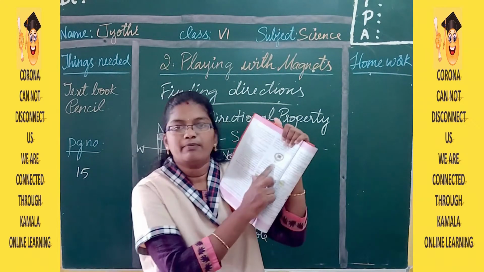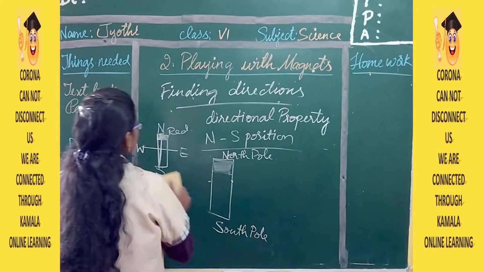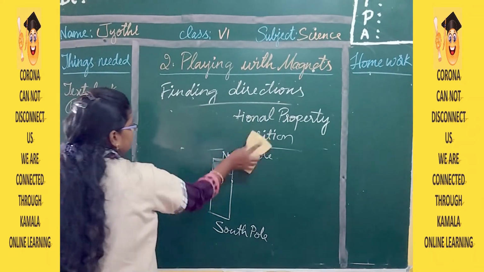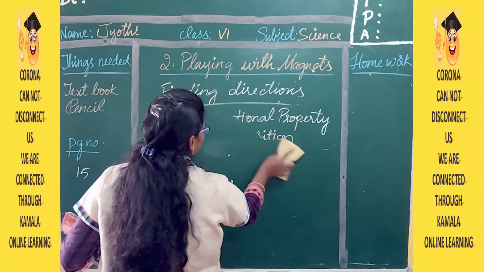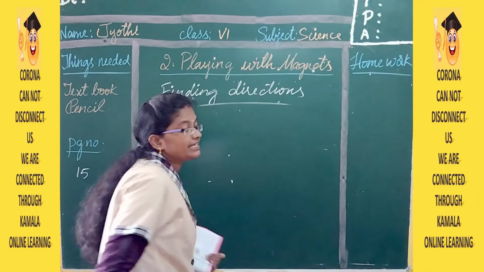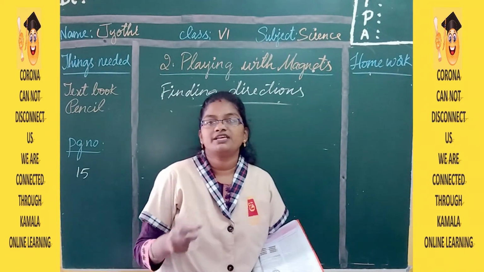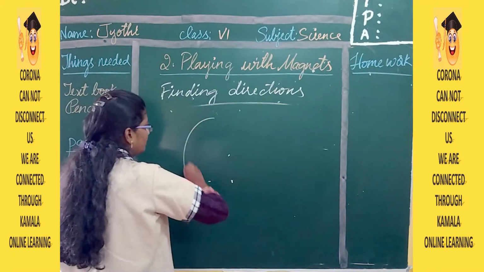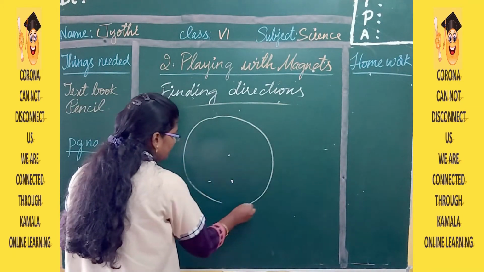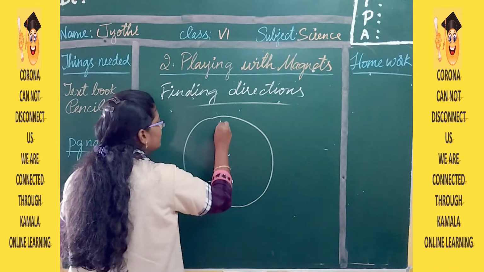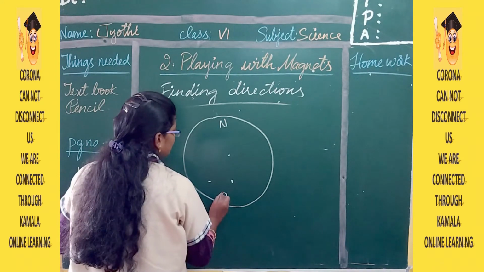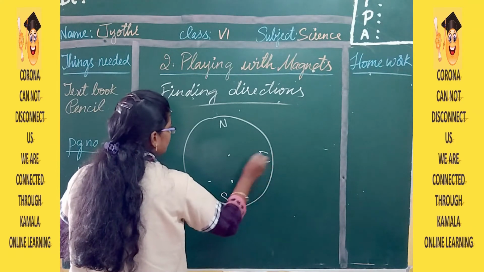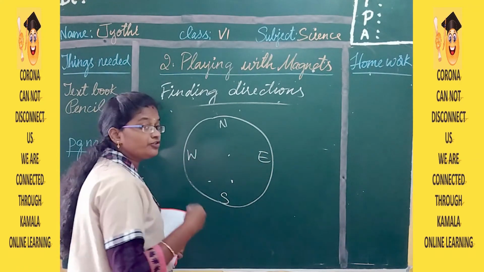So here is a magnetic compass. How will a magnetic compass be? It will be like a clock, round in shape, where inside you have north, south, east, west, and a few more directions.